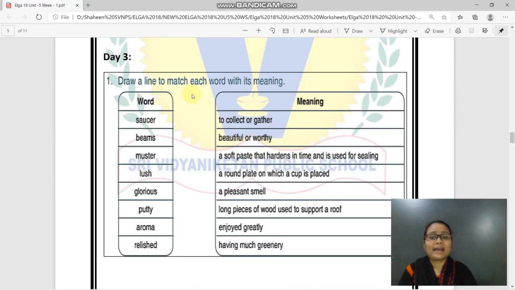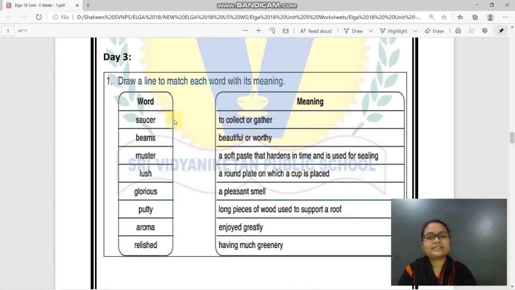Draw a line to match each word with its meaning. You can see here a few words are given to you all and in the meaning section, meanings are given for you all. First, read all the words children, and try to find the meaning of each and every word.